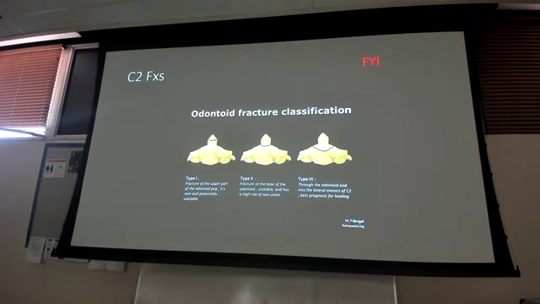I'm not going to test you on this, but this is another one of those things: you're going to get that report back from radiology, and they're going to say type 1, type 2, or type 3. This is one of those rare instances where the larger fracture is not the worst case scenario. So as we go up in type, the less concerned we are on your odontoid fractures.